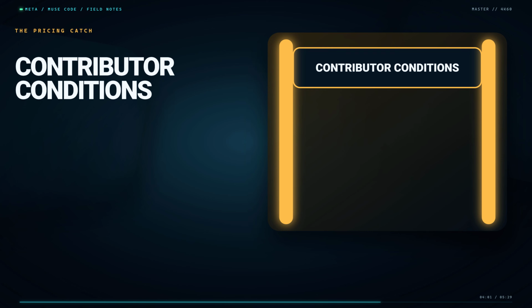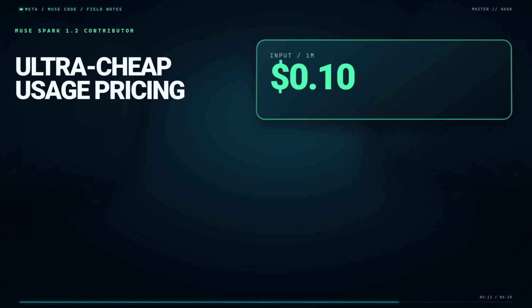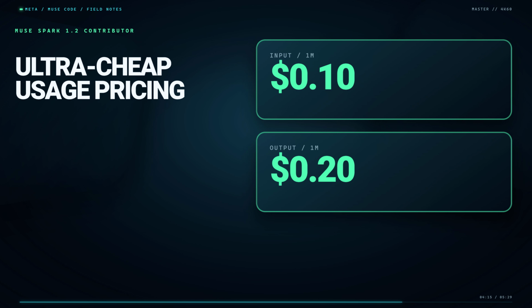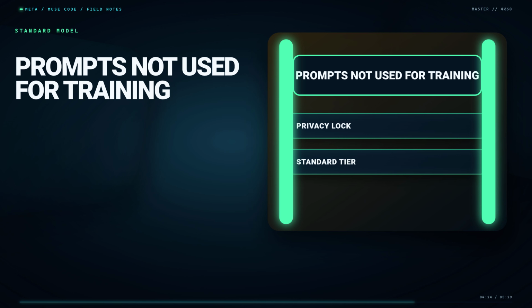Now the pricing catch. The contributor model is available only in select countries. It is rate limited by tokens over a rolling 5-hour window, and prompts and completions may train future Meta models. It costs 10 cents per million input tokens and 20 cents per million output tokens. The standard model does not use prompts and completions for training.